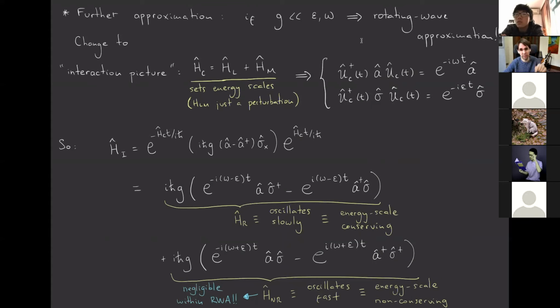You have the references in the notes if you are curious about it, but it's still a very complicated solution. So we can use the fact that the interaction is a perturbation to make one more approximation, which we have seen already in the previous chapter, called the rotating wave approximation.